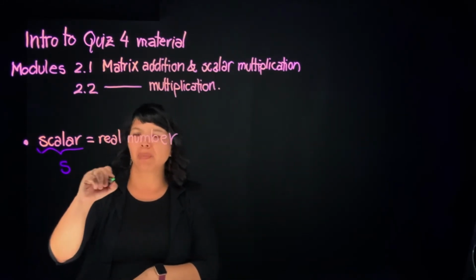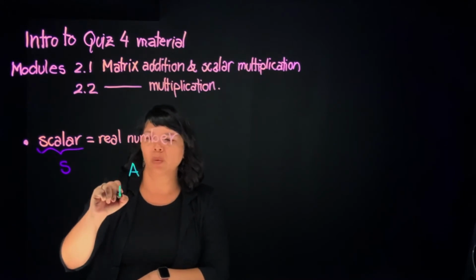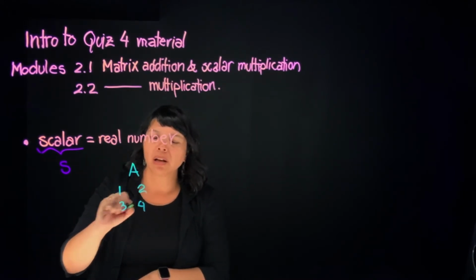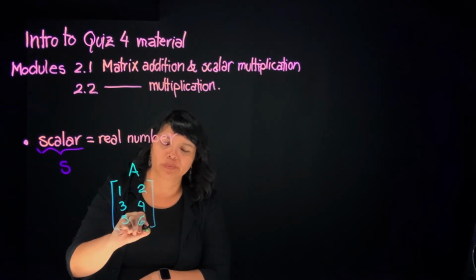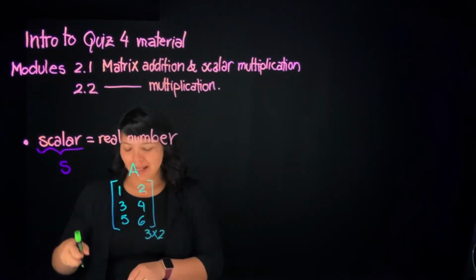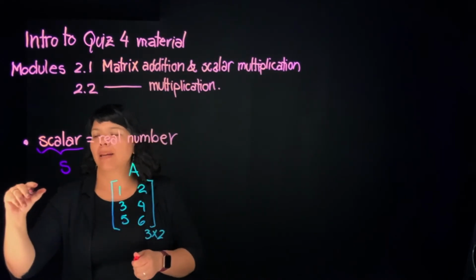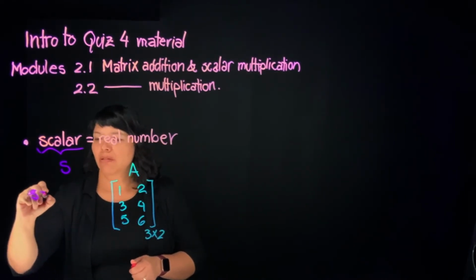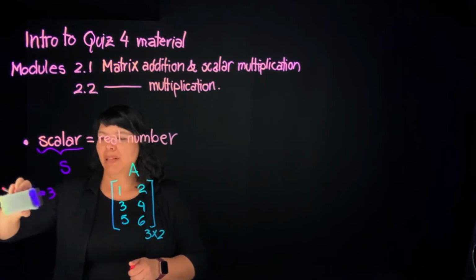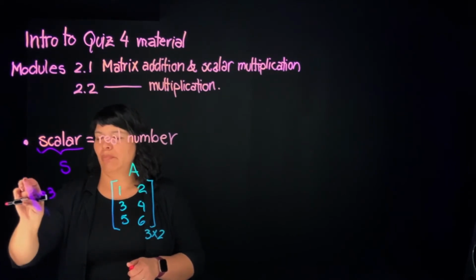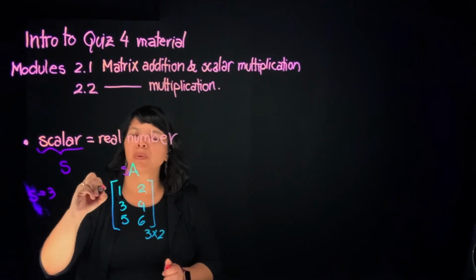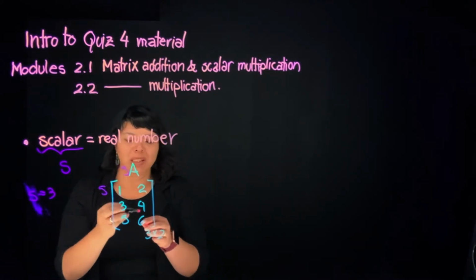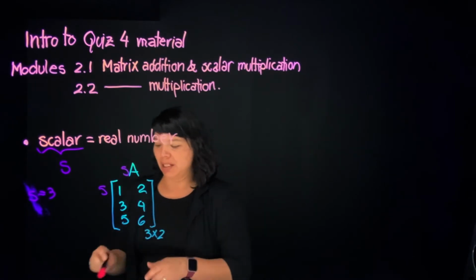So let me use the same matrix A that I had before. I have 1, 2, 3, 4, 5, 6. This is a 3 by 2 matrix. And say in this case my scalar s is equal to 3. This is an s, by the way. So s times A will be just 3 times each of the entries.